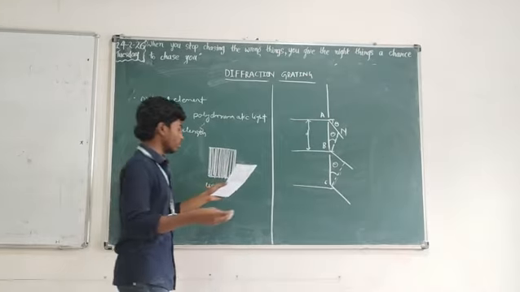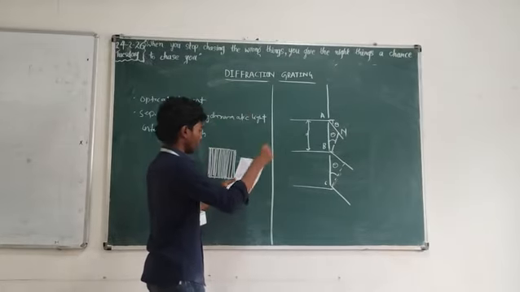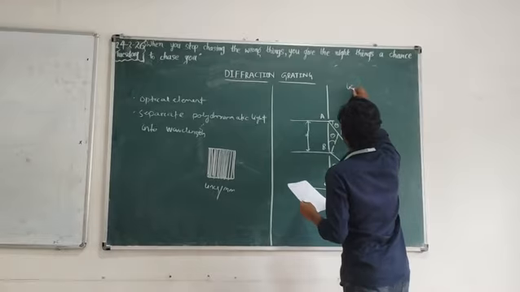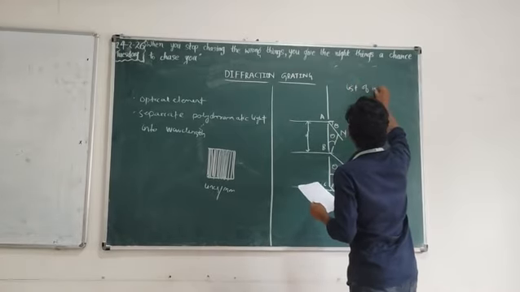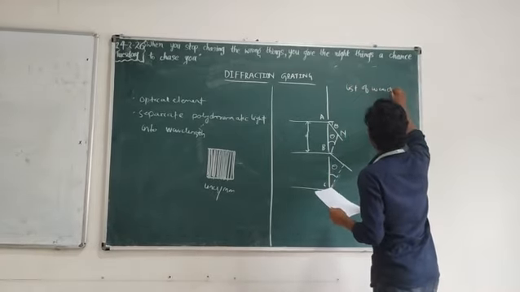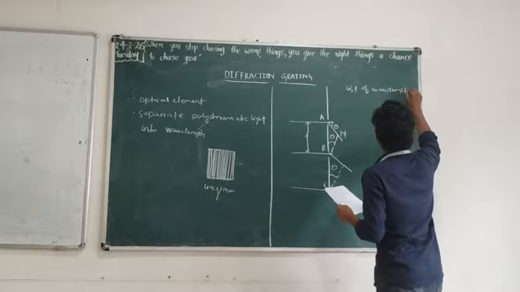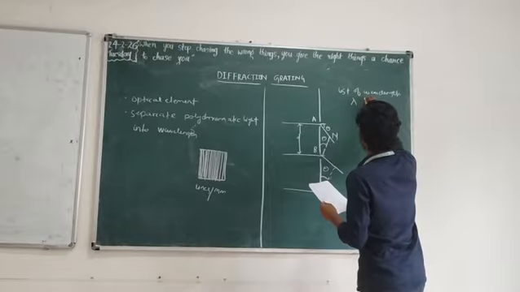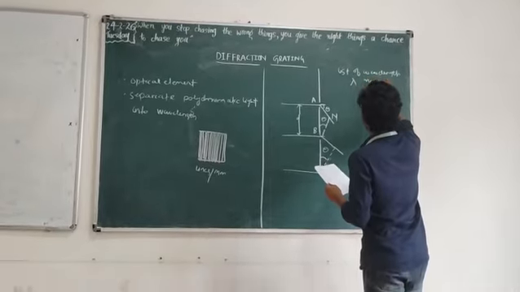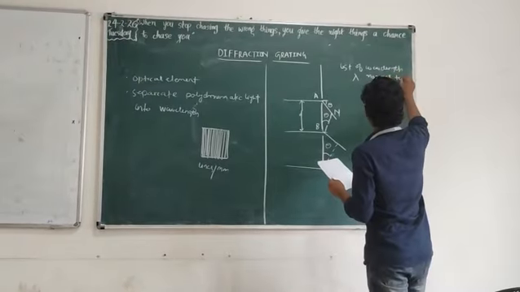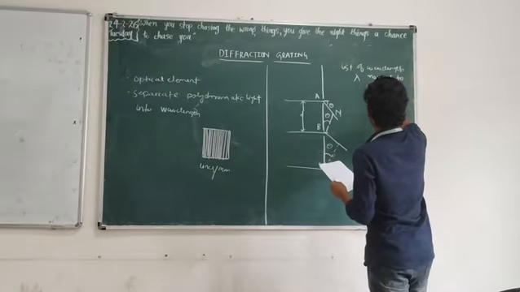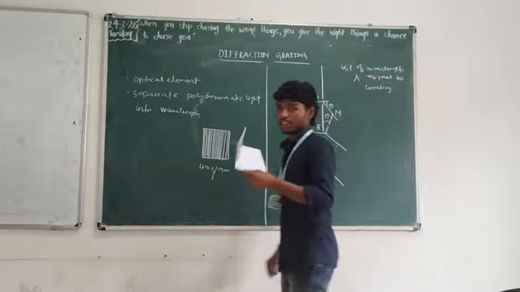So I have drawn one diagram here. Here is the list of wavelength, lambda, and the normal to the grating. Grating means separation.